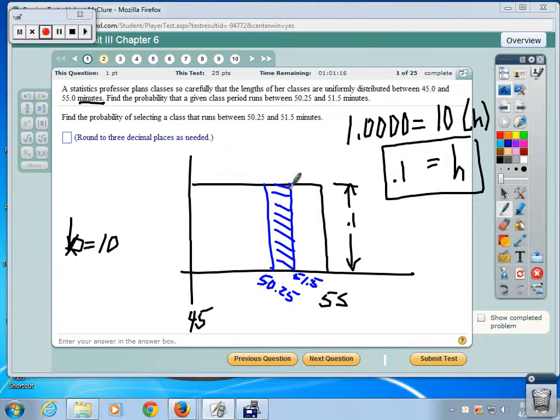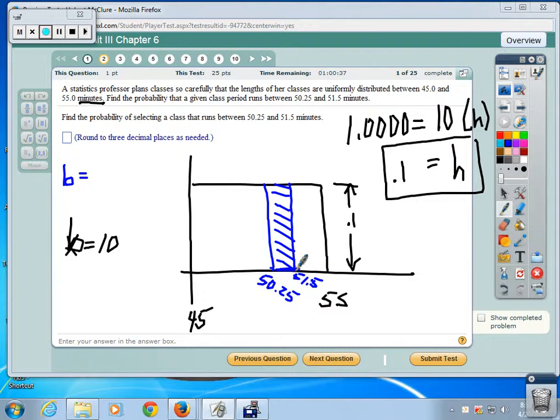So what's our base? Right here, people. What's that base? What's $51.50 minus $50.25? $1.50 minus 25 cents.